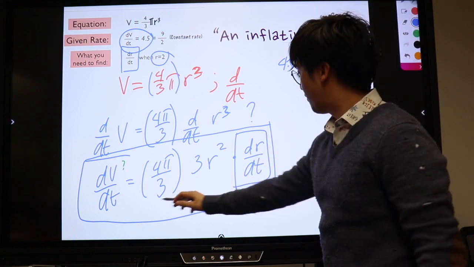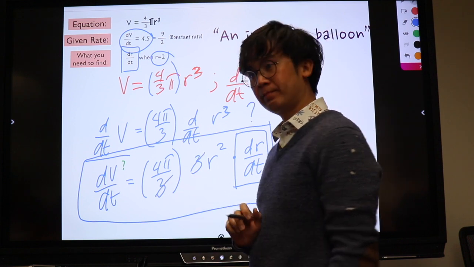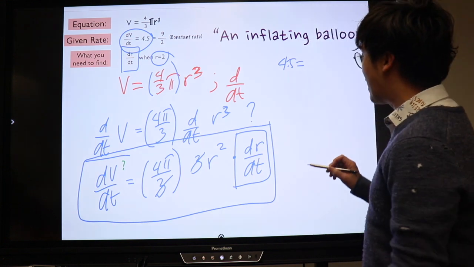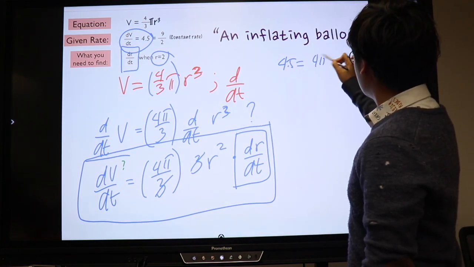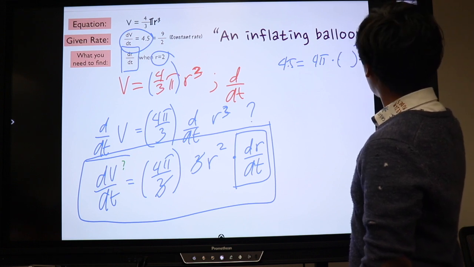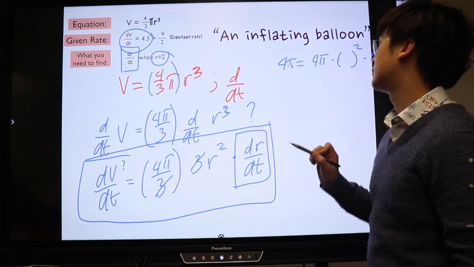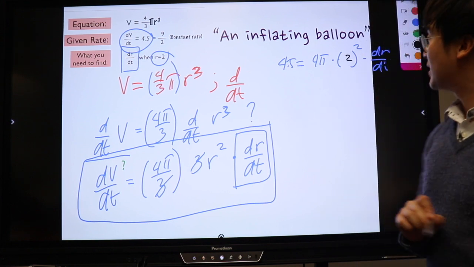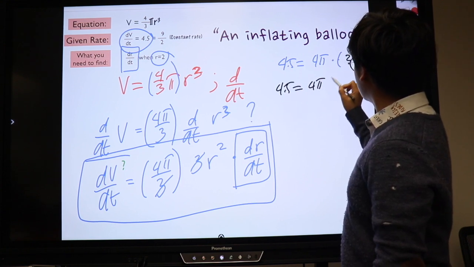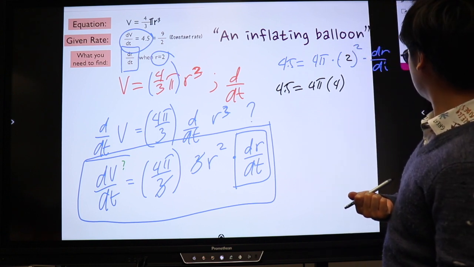let's simplify this function. Can we simplify this? Yes, right? We can cancel the 3. So we're only left with 4 pi times r squared times dr all over dt. And what is r? 2. R is 2. So by simplifying this further, we'll have 4.5 equals 4 pi times 4, right?